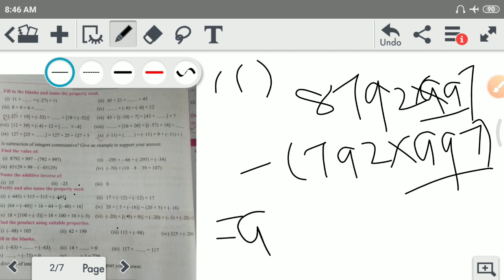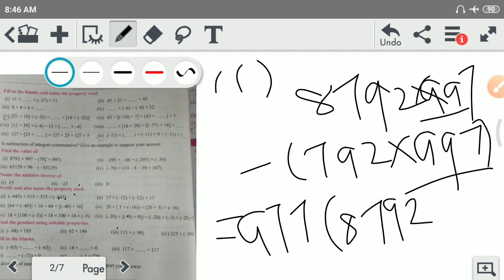What is that? 997. Now the remaining numbers are 8792 minus 792. Clear?